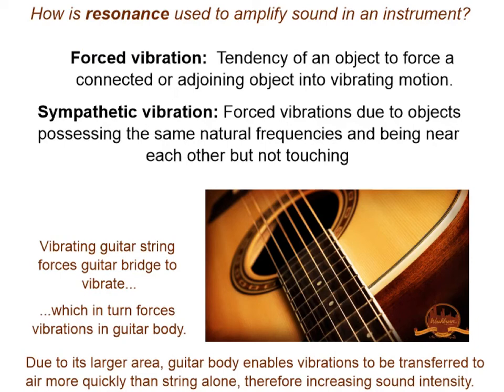The guitar body has a larger area than the string alone, and so that enables the vibrations to be transferred to the air more quickly than just a single string, and so it increases the sound intensity. If you were to pluck this string without it being attached to the bridge and to the guitar body, it would not be a very loud sound.